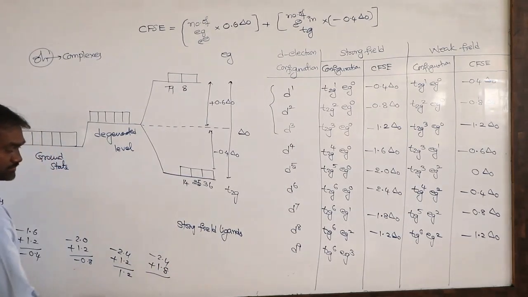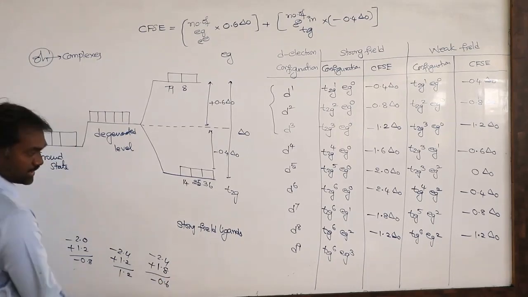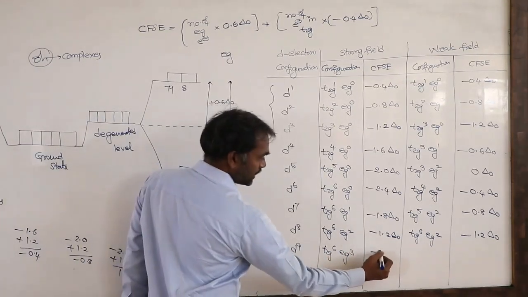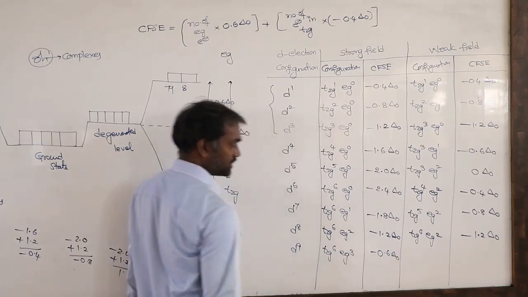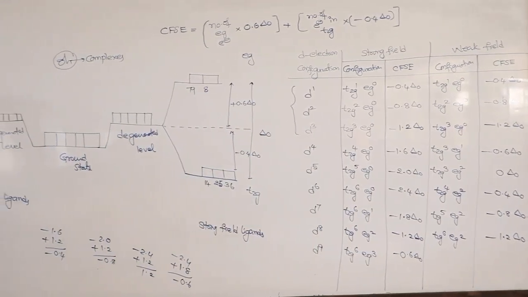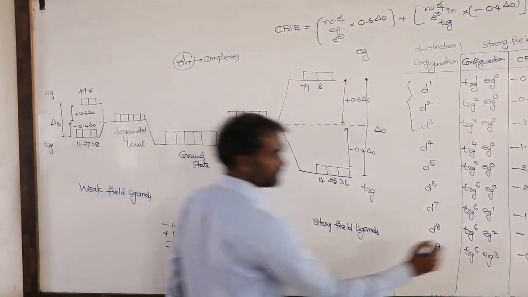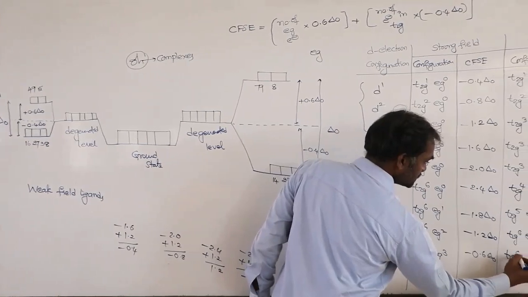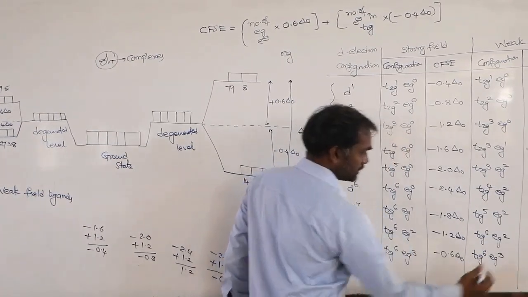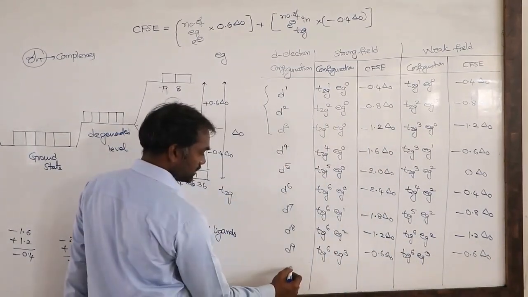So that means minus 0.6 delta 0. Next, the 9th electron here. So the 9th electron is combining with this. Here also t2g6 eg3. So here also minus 0.6 delta 0.